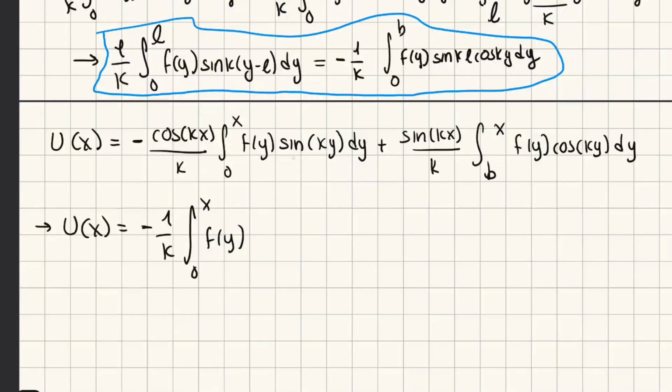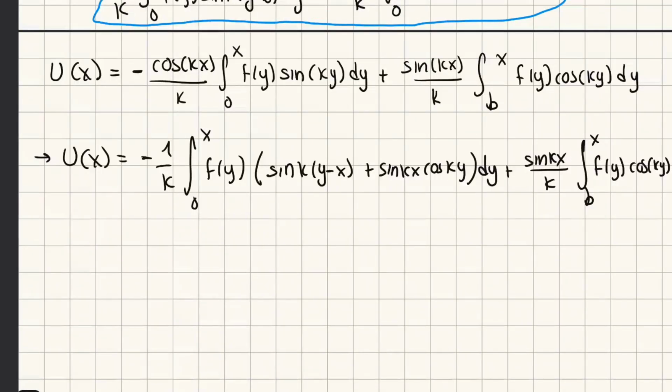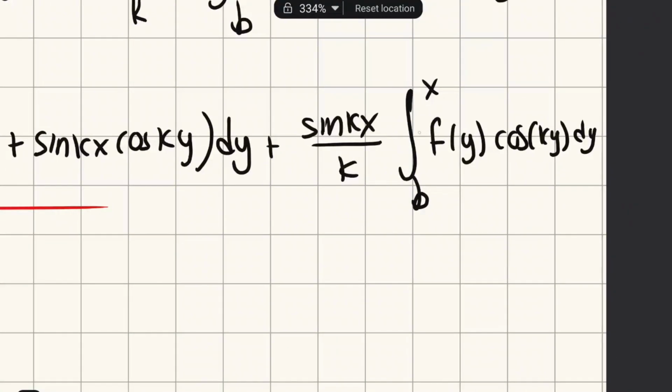And I'm going to make use of the trigonometric identity again here to see that this is equal to sine of k times (y minus x), and then plus sine of kx cosine of ky, dy here, plus sine of kx divided by k, the integral from b to x of f of y cosine of ky dy. Okay, so I'm going to split this integral into two pieces, and then I'm going to make a switch of limits of integration here just by taking a minus sign.